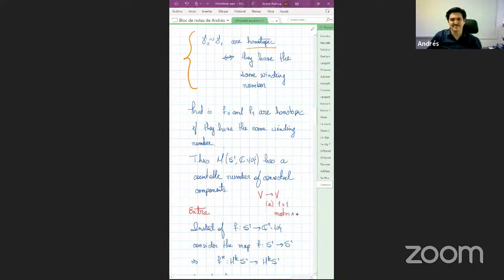In general, the set of n by n matrices corresponds to the linear maps of a vector space once you choose a basis.